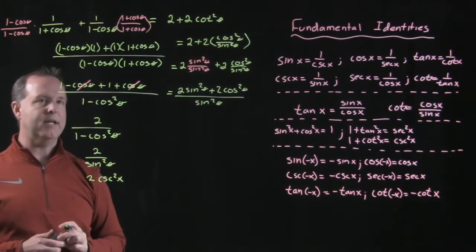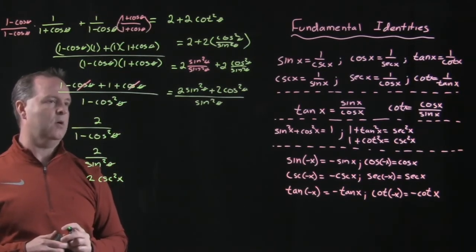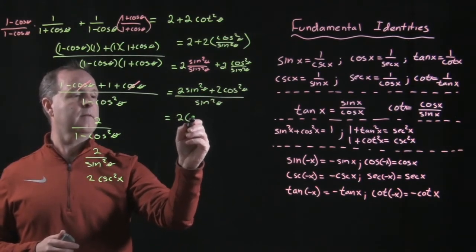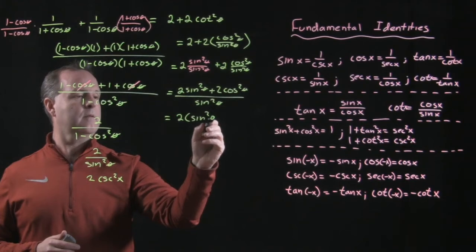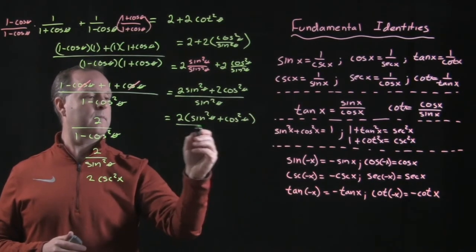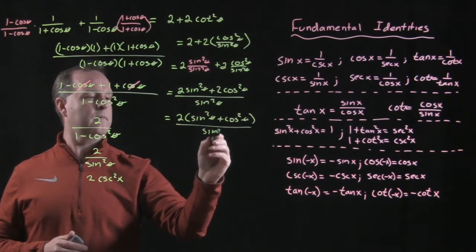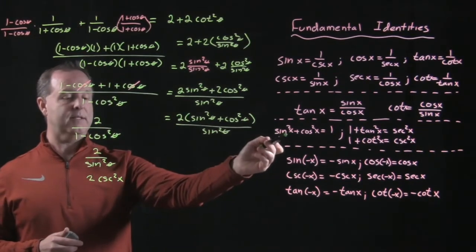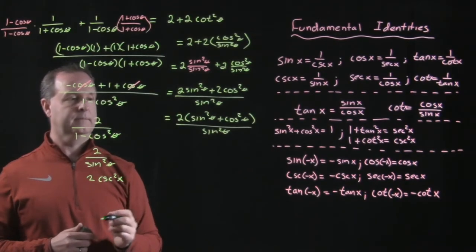All right, so far it doesn't match up with anything yet, so let's just keep going. Let's factor a 2 out now. Sine squared theta plus cosine squared theta, that's my fabulous number 1 that I have.